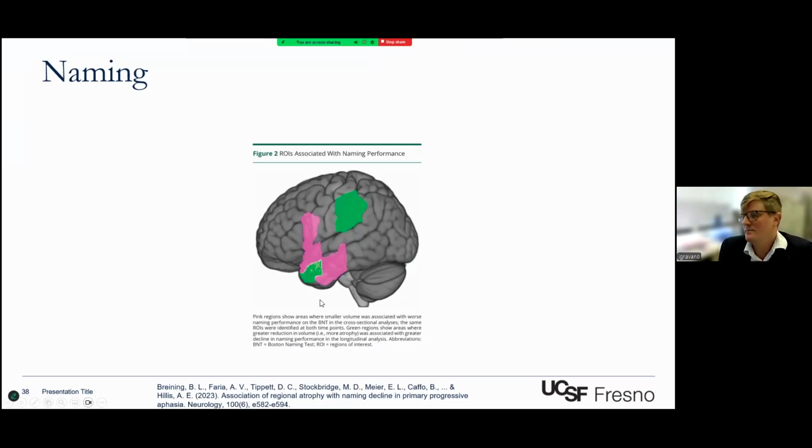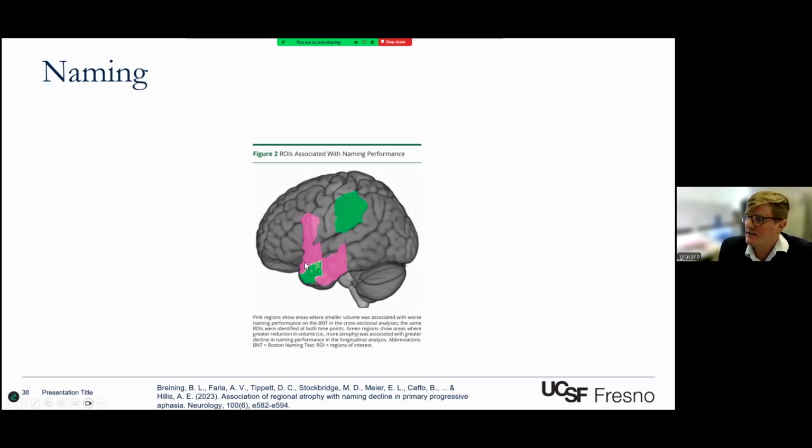In this case, atrophy in these areas, anterotemporal, and then some frontal lobe regions tend to correlate with naming problems, anomia, and then changes in the anterior temporal lobe as well as other regions, temporoparietal, frontal parietal regions tend to predict progression of that naming difference.